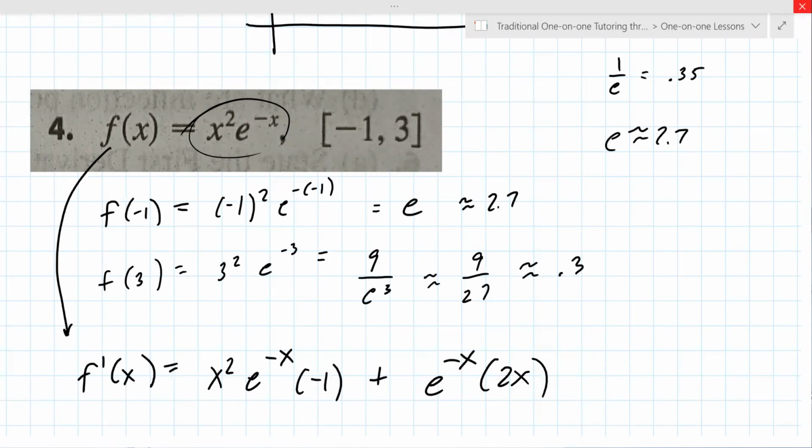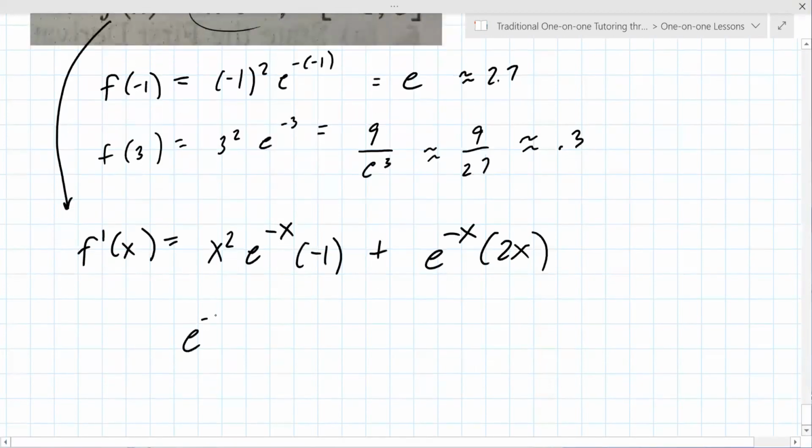So we're gonna do some factoring for this. Let's factor out the e to the minus x. Now, normally you put the x squared first, but see how it's negative. So I'm gonna actually put the 2x first, minus x squared.